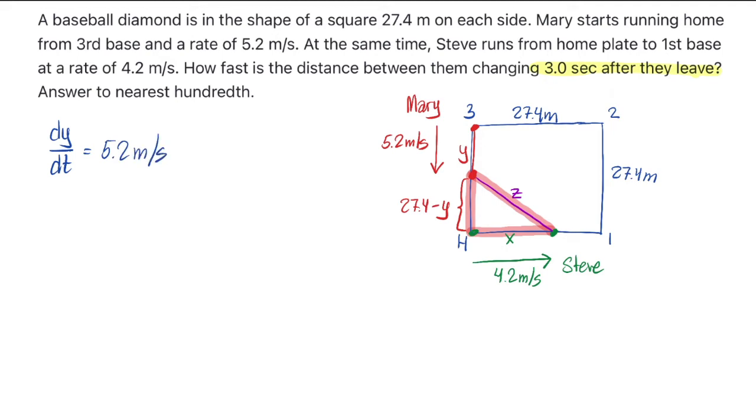And we also know that Steve is running at the rate dx/dt, which equals 4.2 meters per second. And what we're trying to determine here is how the distance between them is changing, the rate of change in the distance between them. So dz/dt when the time equals 3 seconds.